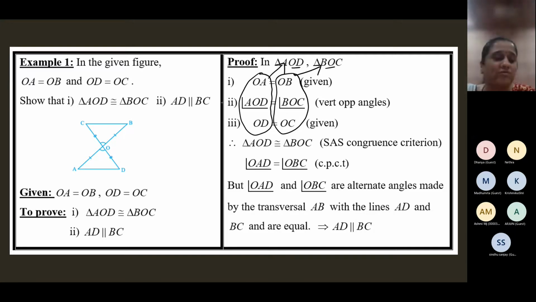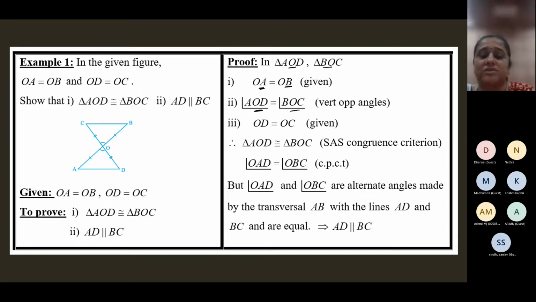In whatever order you have mentioned the two triangles, maintain the same order. So first triangle, second triangle. This is of the first triangle, this is of the second triangle. This is the side of the first triangle. This is the side of the second triangle. This is the side of the first triangle. This is an angle of the first triangle.